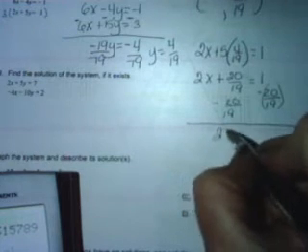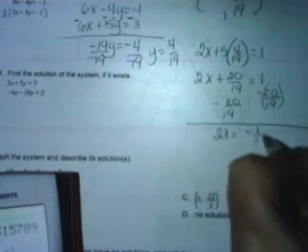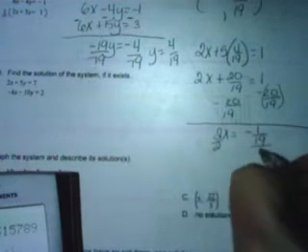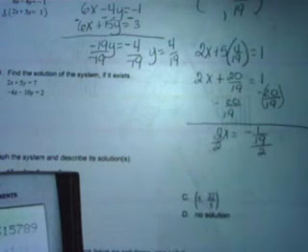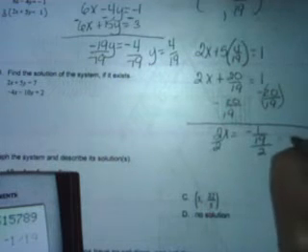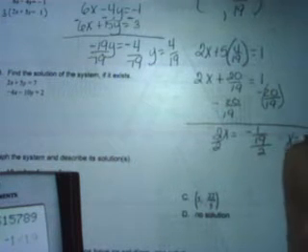So I have 2x equals negative 1/19. What do I do from here? Divide by 2. So x equals negative 1/38.